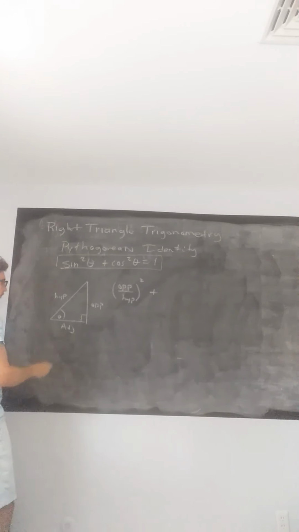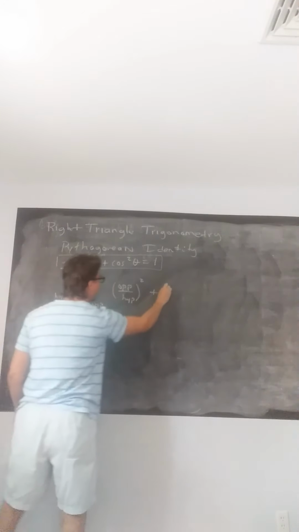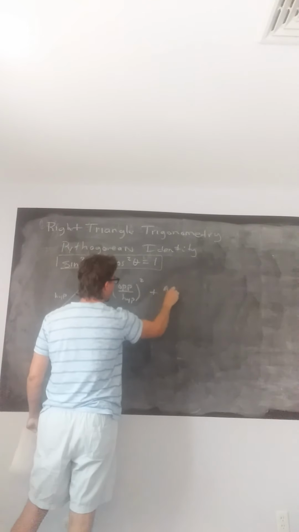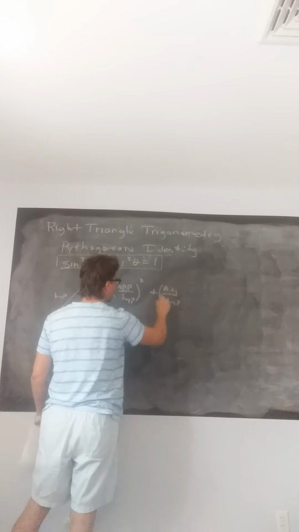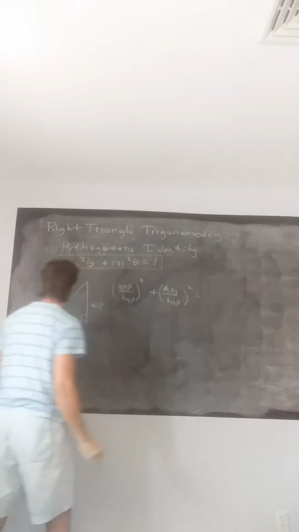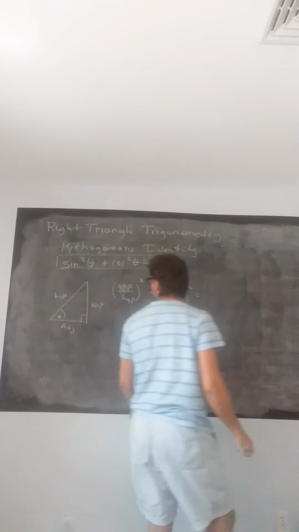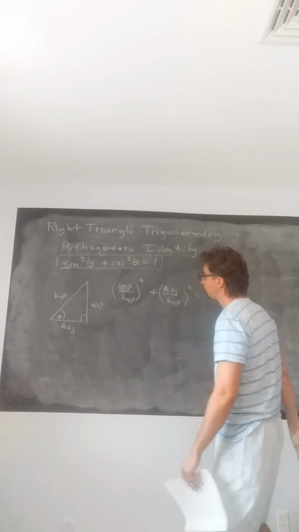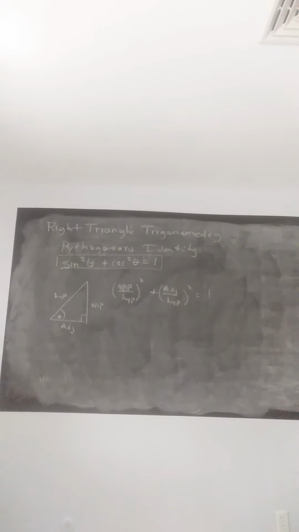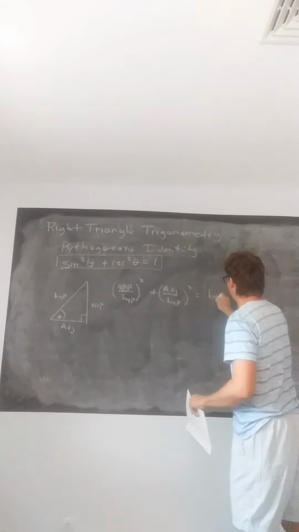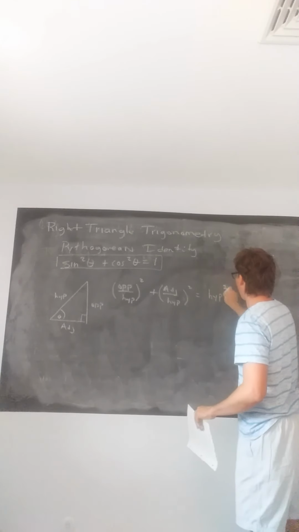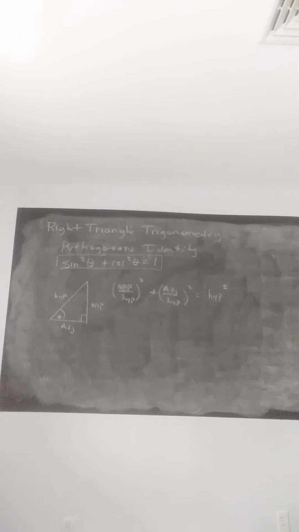Plus cosine squared, which is the adjacent over the hypotenuse. Equals the hypotenuse squared, which is 1. This should be not hypotenuse. So we have two hypotenuses, right? So this is where it comes from.